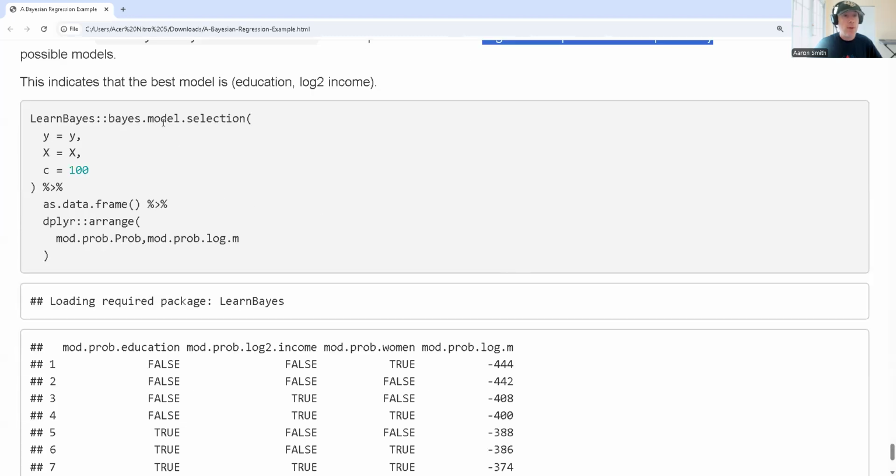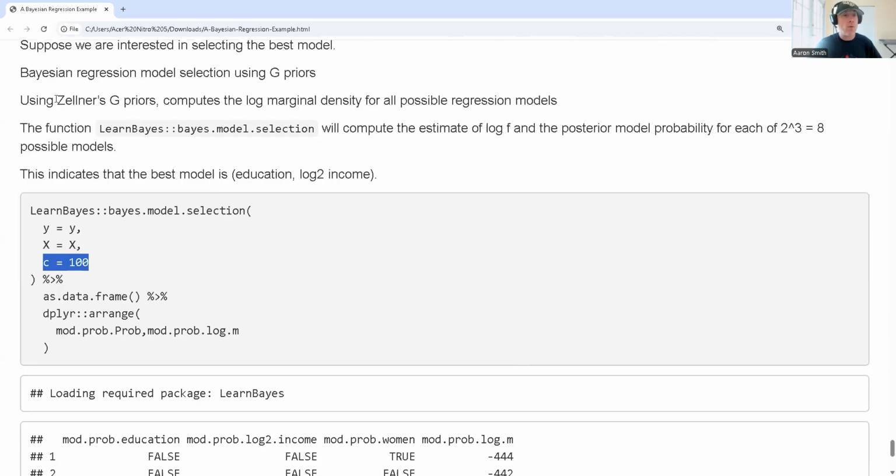Okay, so here I'm going through, I set X and Y, and here, this parameter corresponds to Zellner's G prior. And this will correspond to a variance. The scalar adjusts the variance in the covariance matrix.